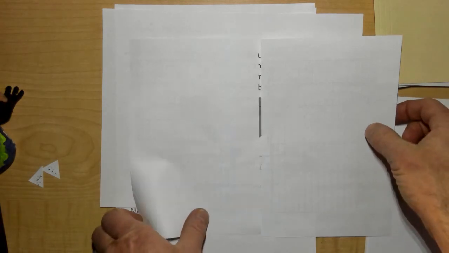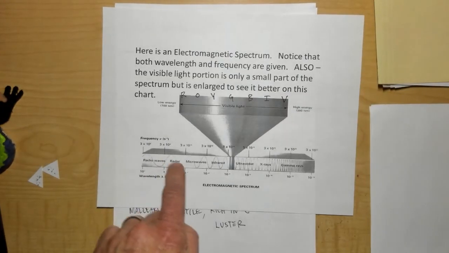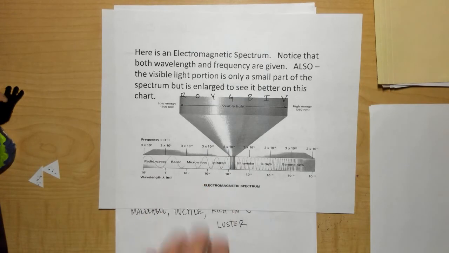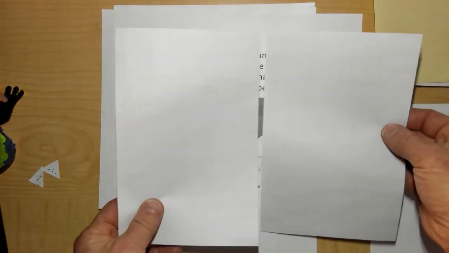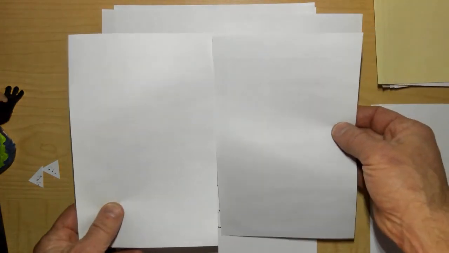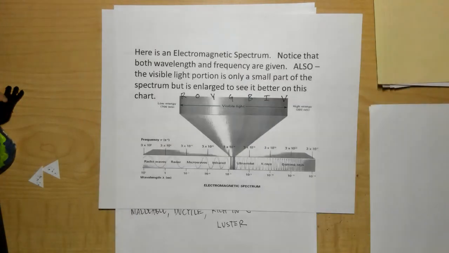And when it does that, it makes a regular repeating pattern after that if you put a screen behind it. This is called a slit or a double slit experiment. And depending on the size of the wavelength of that radiation, you need different sizes of the slit to make sure that it can go and show that regular repeating pattern.